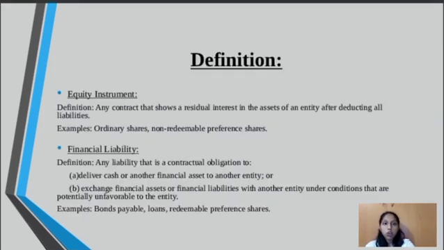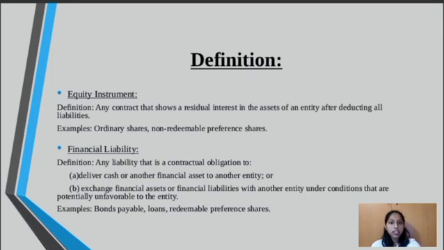Next we'll move on to the definitions. First is equity instrument. An equity instrument is any contract that shows a residual interest in the assets of an entity after deducting all the liabilities. Examples are ordinary shares and non-redeemable preference shares. Next is financial liability.